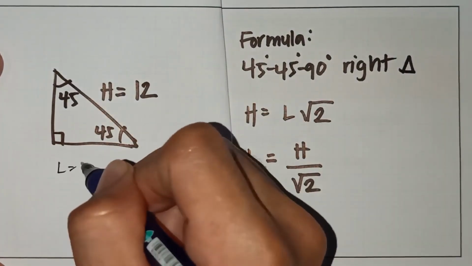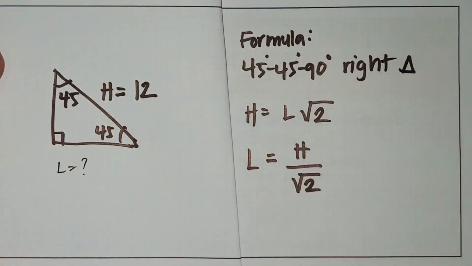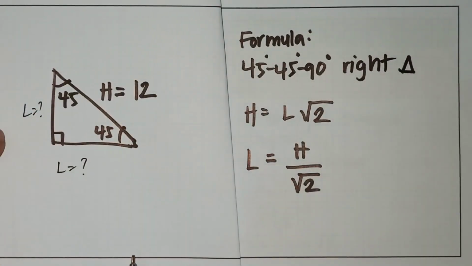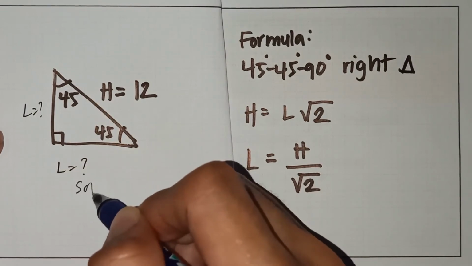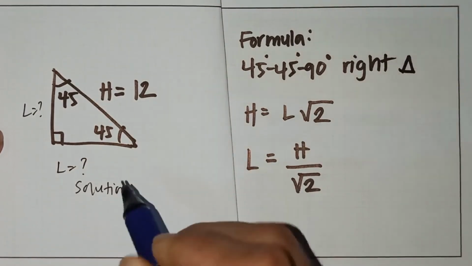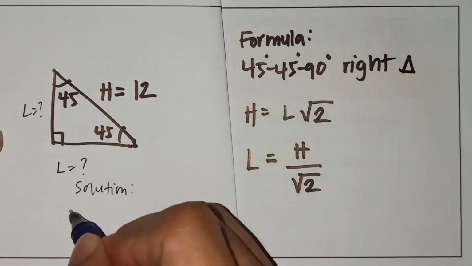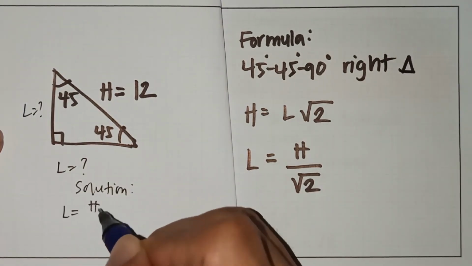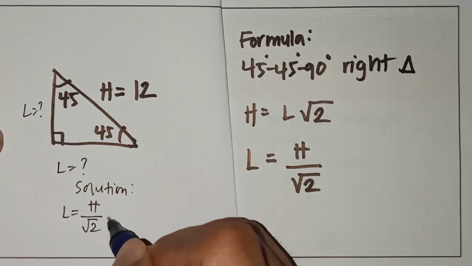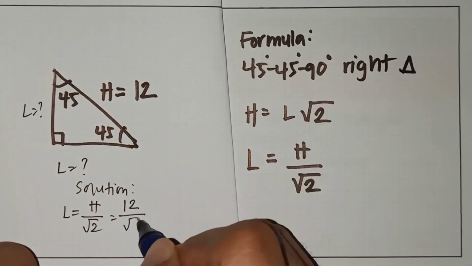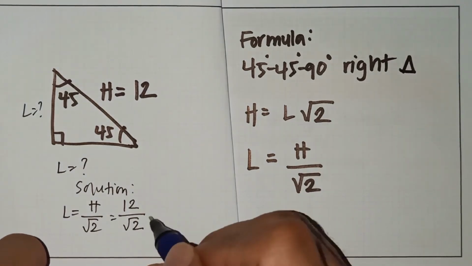What is the leg? That's the question here. Take note, the two legs are equal. So this is the solution. The leg is equal to the hypotenuse over square root of 2. The hypotenuse is 12, so 12 over square root of 2.